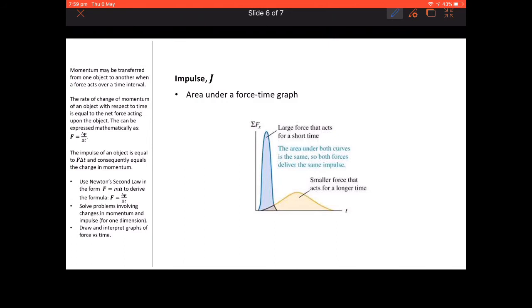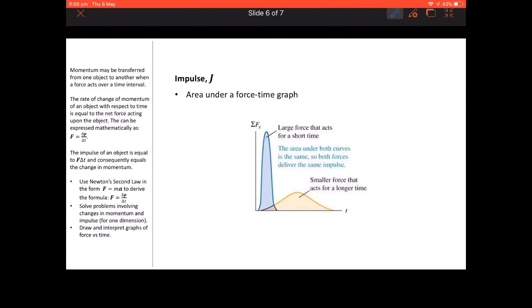Coming back to our crumple zone example, crumple zones increase the time over which a car's change in momentum occurs if it's crashing. The impulse, which is equal to the change in momentum, stays the same. So the area underneath the force-time graph stays the same.